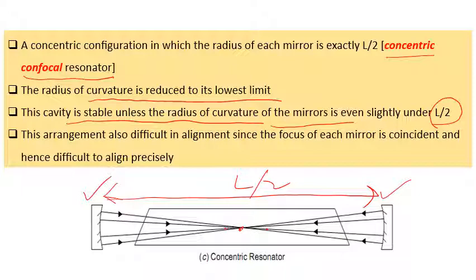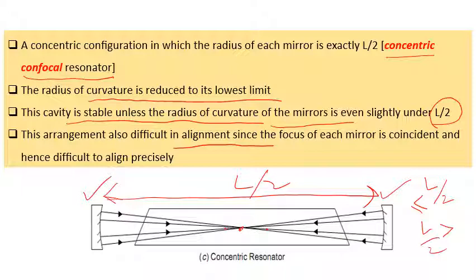Okay, so it has to be less than, or equal, but greater than this one, that would be, I mean, you cannot make it stable. Because it focuses here, that is why the alignment is not that easy, okay, as compared to the confocal one.